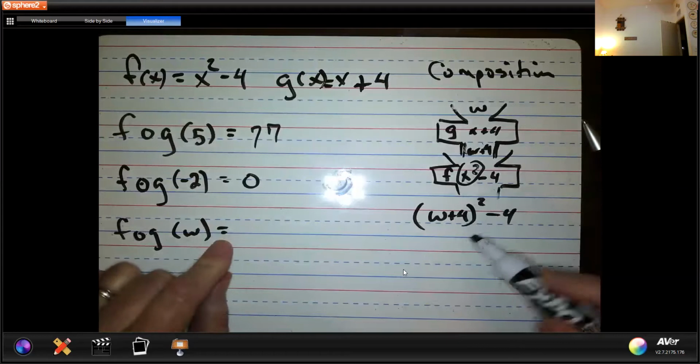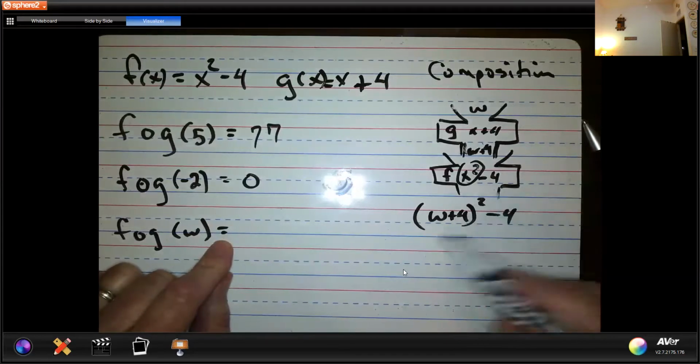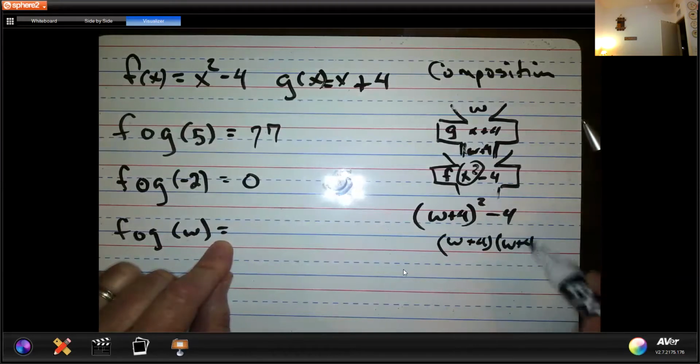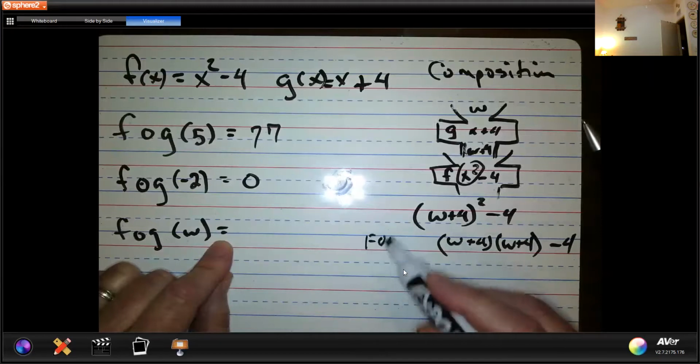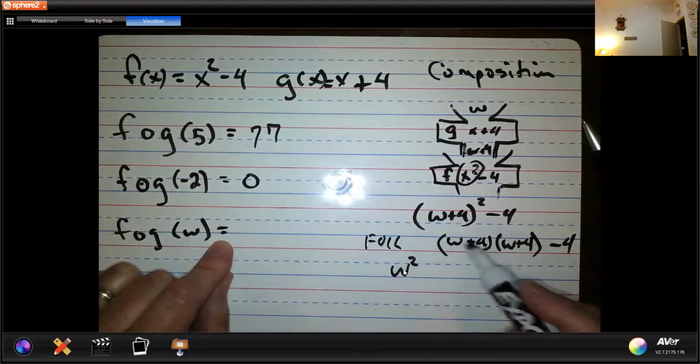Now that's not what you write down because you have to work this out. So I have to say, well, W plus 4 times W plus 4 minus 4, right? That's what we're dealing with. So if I do FOIL, remember we did FOIL just the other day, I get W squared plus 4W plus another 4W plus 16.